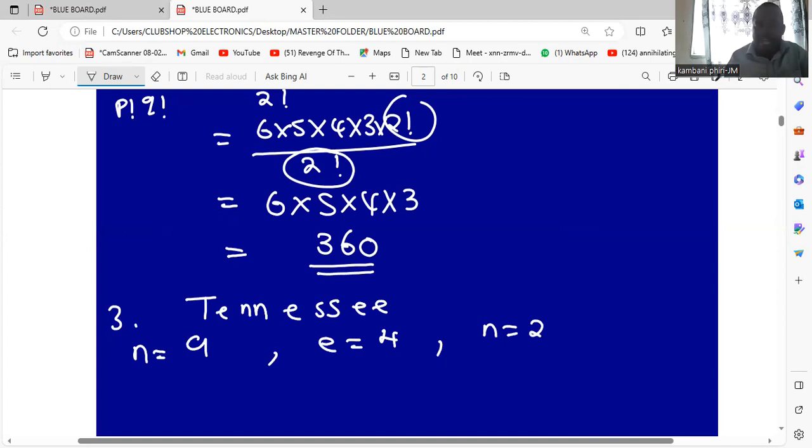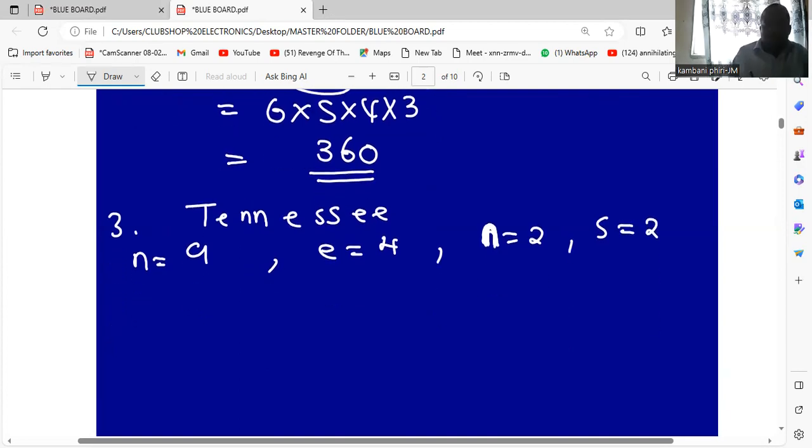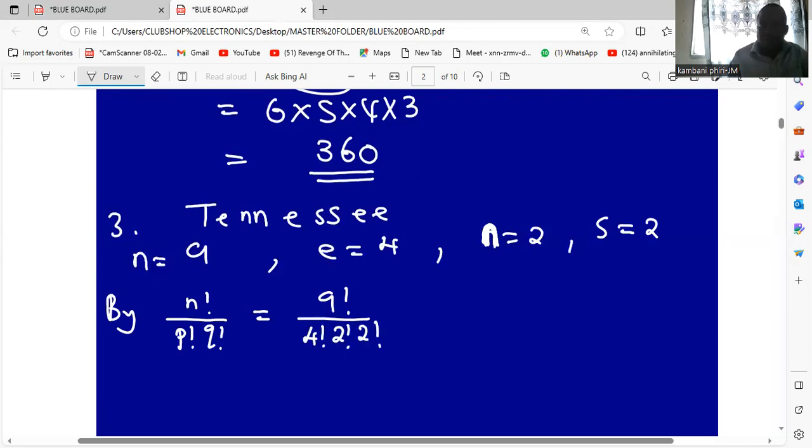Also S is repeating 2 times. So by n factorial divided by p factorial, q factorial, we are going to have 9 factorial divided by 4 factorial, 2 factorial, and 2 factorial.